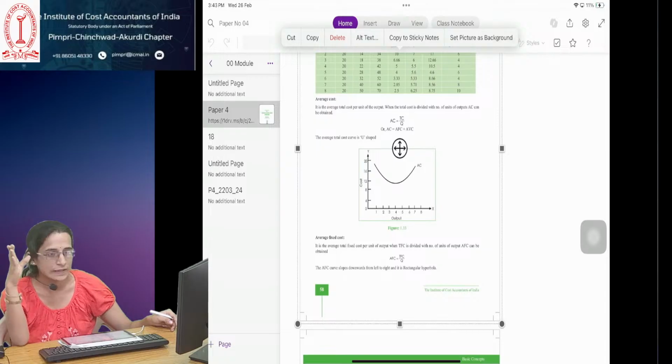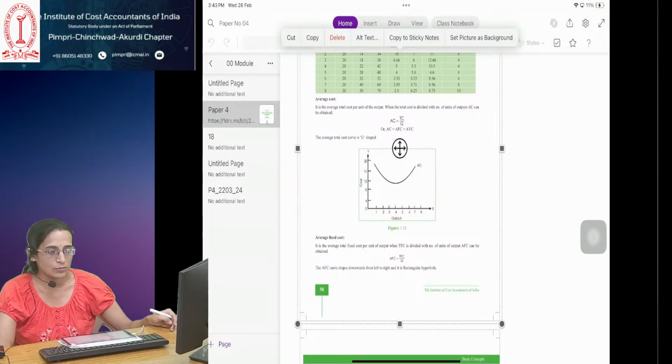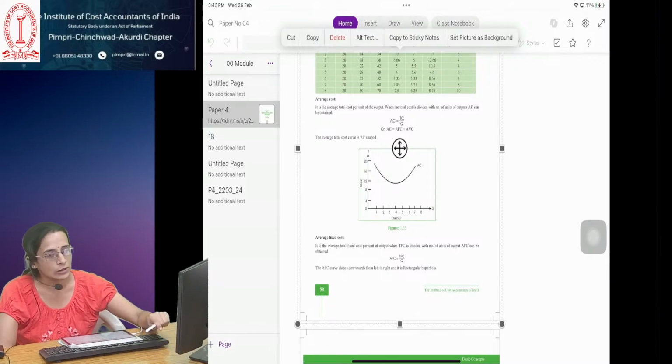If the output increases, variable cost will, what will happen, boys? Increase. And if the output decreases, variable cost will decrease. And if there is 0 output, what will be variable cost? 0, right? It is dependent on the output, right? So we saw that in the short run, there are two types of costs, fixed cost and variable cost. But in the long run, all costs are variable, right?